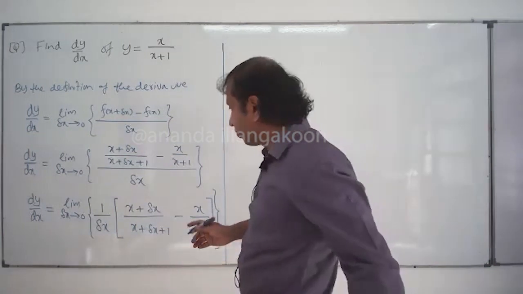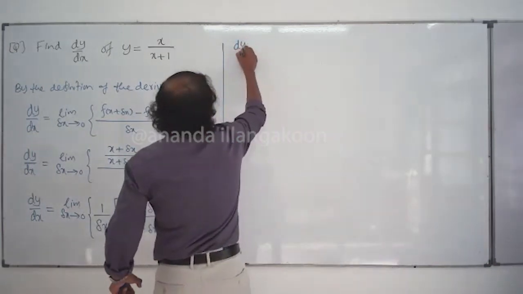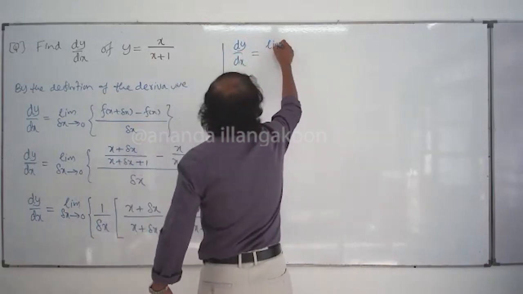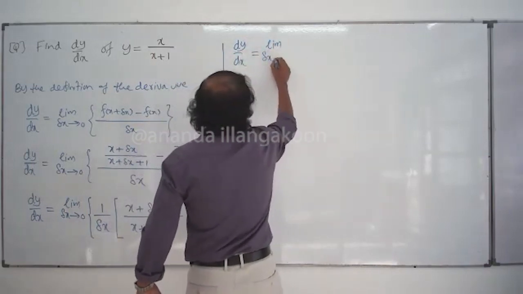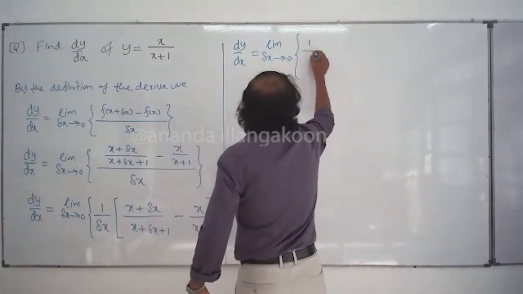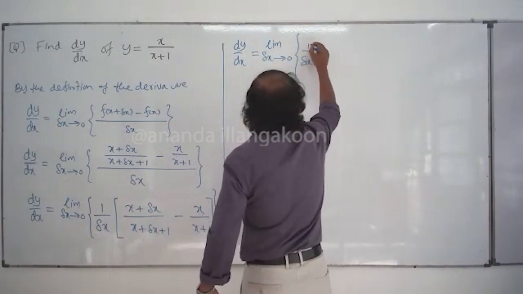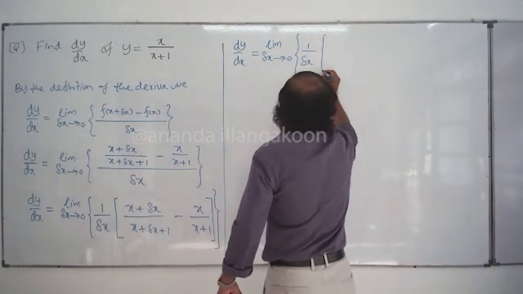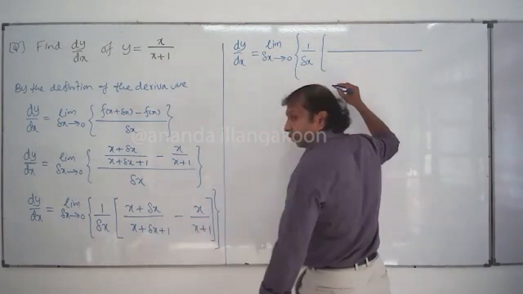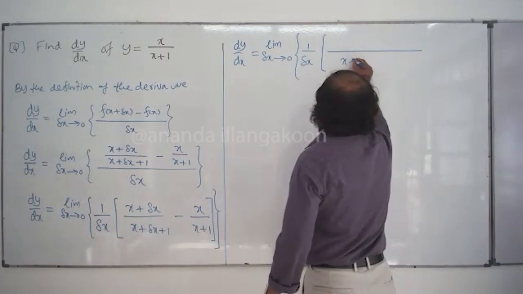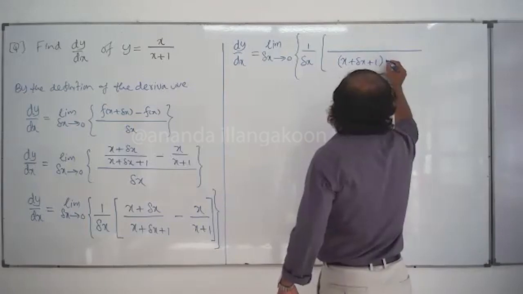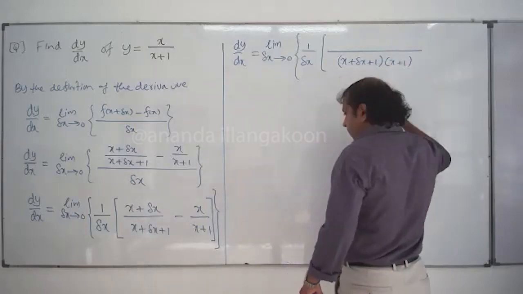Then dy by dx equals limit delta x going to 0, 1 upon delta x. Take the common denominator as the product of this and this: x plus delta x plus 1 into x plus 1.